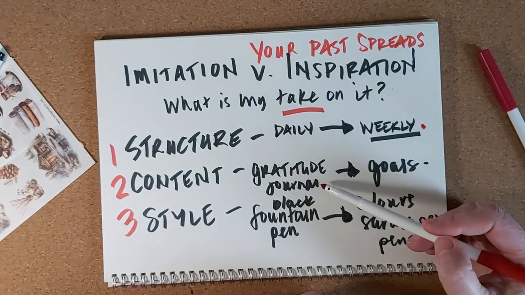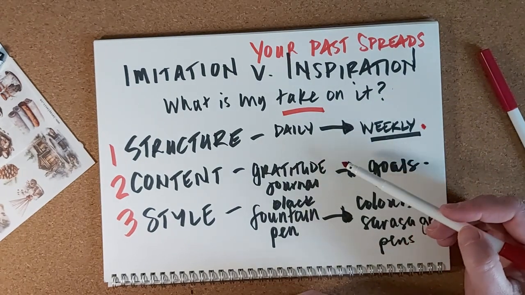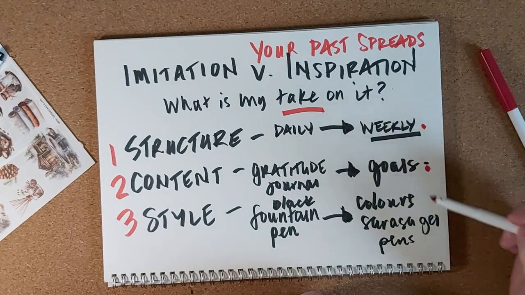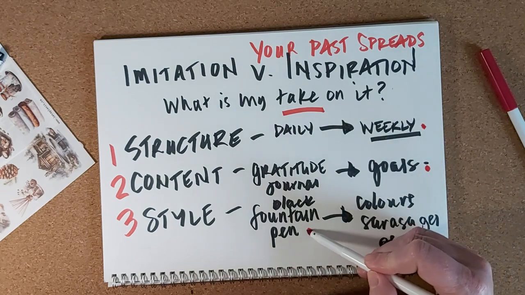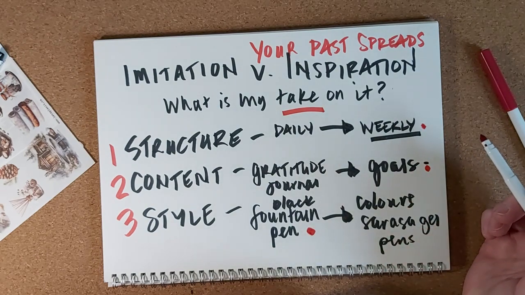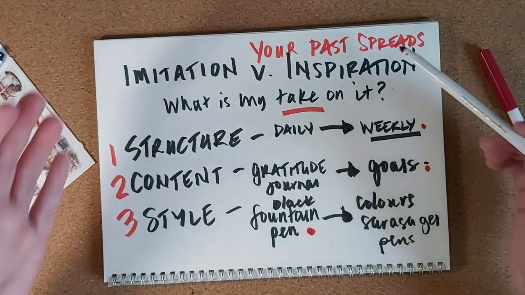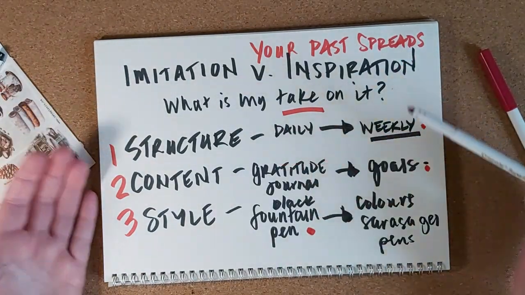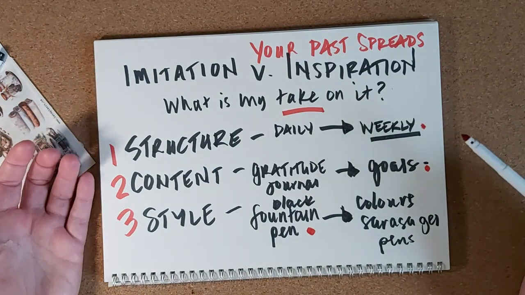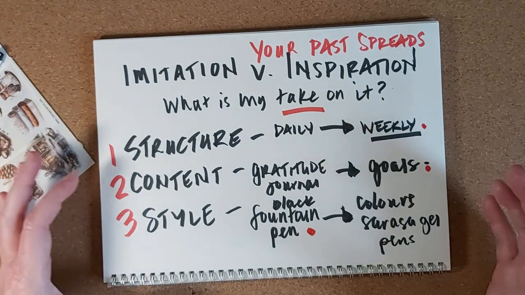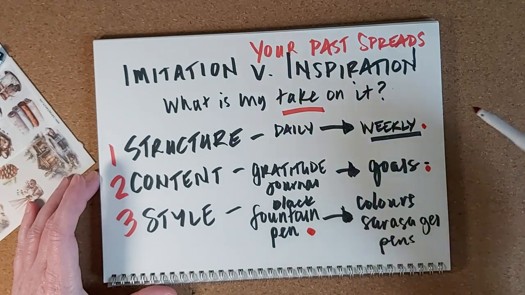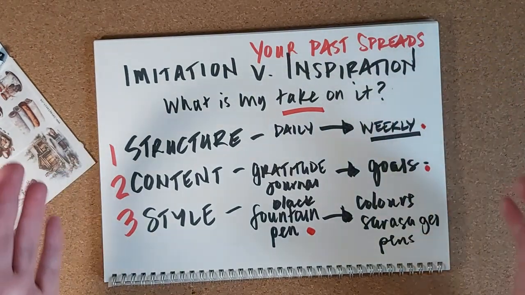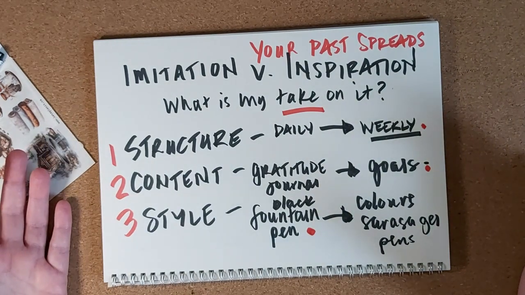But I used to put in gratitude in a journal kind of format. Now I'm going to change those to goals. And I always use color pens, but now I'm going to go to the black pen and the fountain pen. So I can take inspiration from my own past spreads and still not imitate them. Those are three simple ways in which I can change my imitation into inspiration, which I think everybody would prefer.